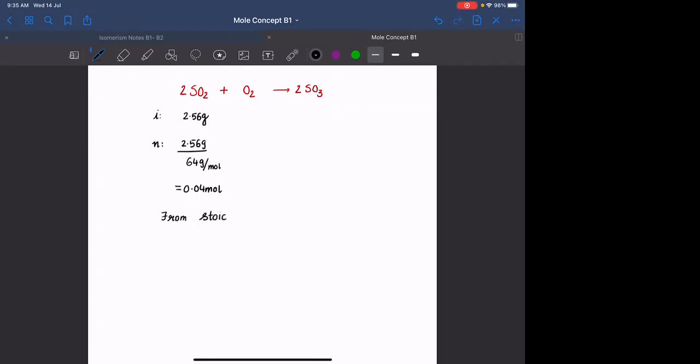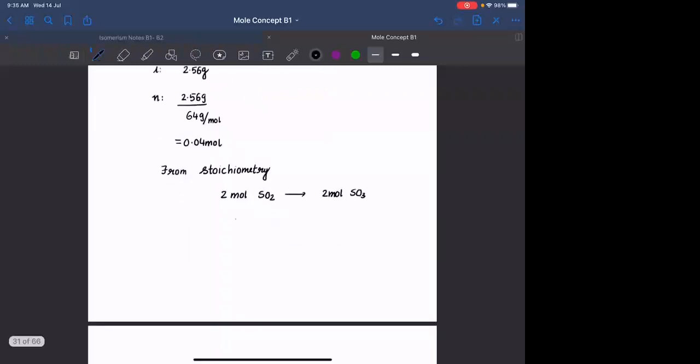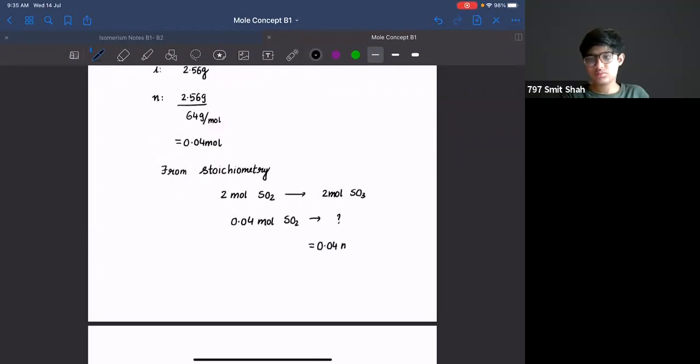If I want to analyze SO3, what can you comment from stoichiometry? 2 mole SO2, if it is giving me 2 mole SO3, now I have with me 0.04 mole. 0.04 mole SO2 will give me how much amount of SO3? कितना रहेगा? 0.04 mole ही रहेगा.